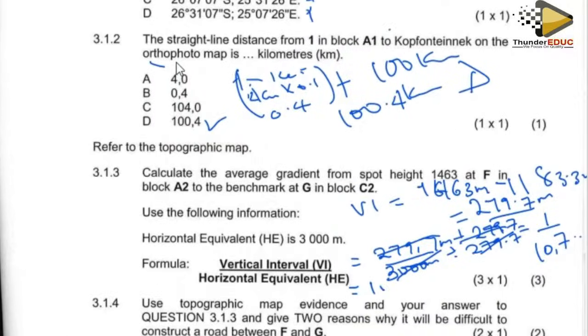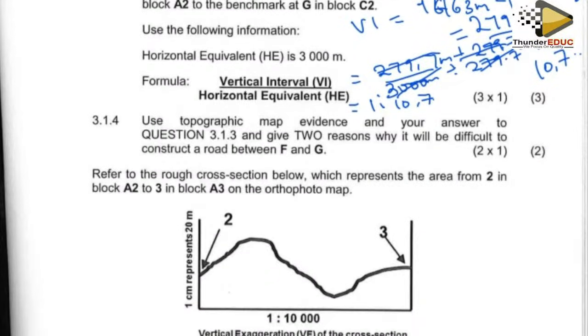So the average gradient is therefore 1 to 10.7. Okay, 1 to 10.7.